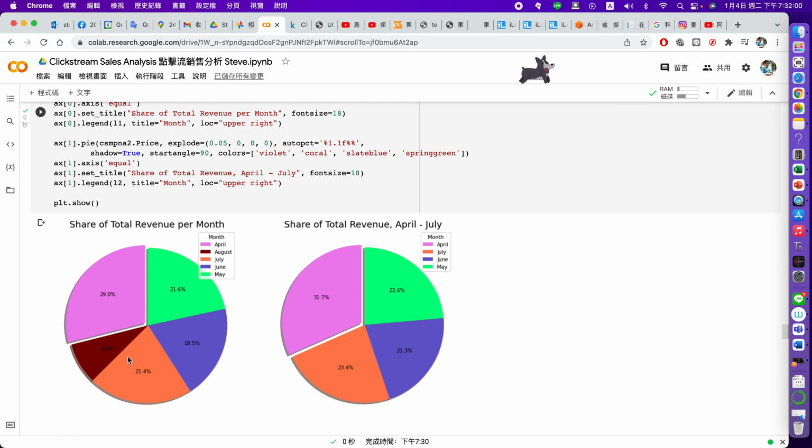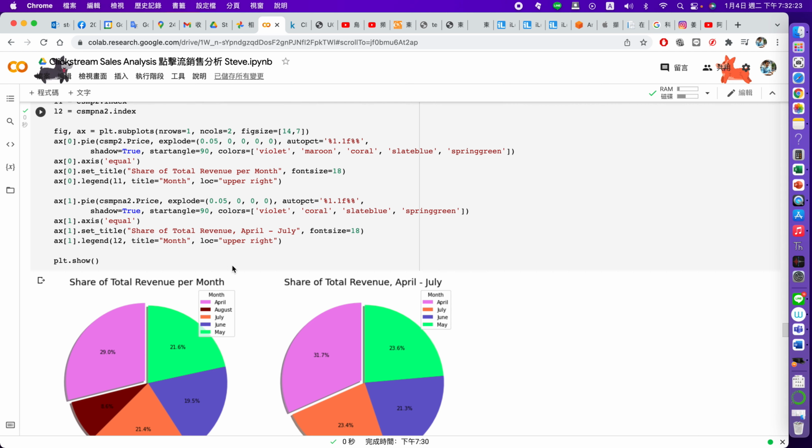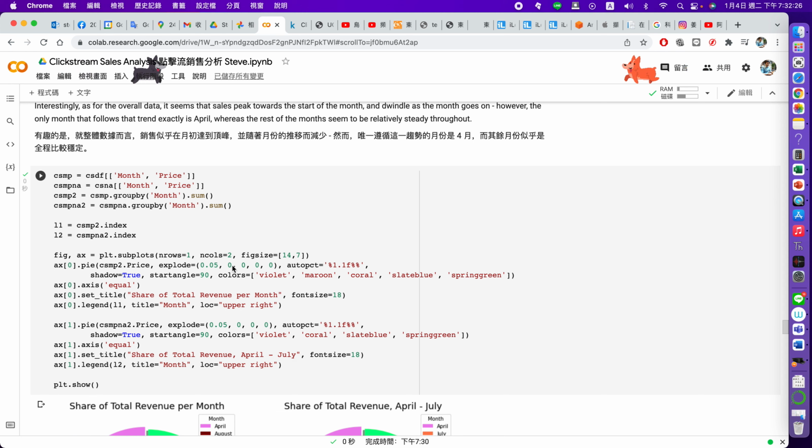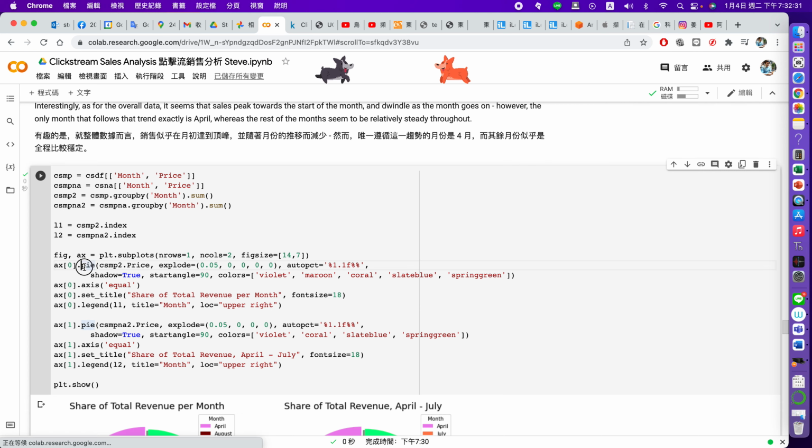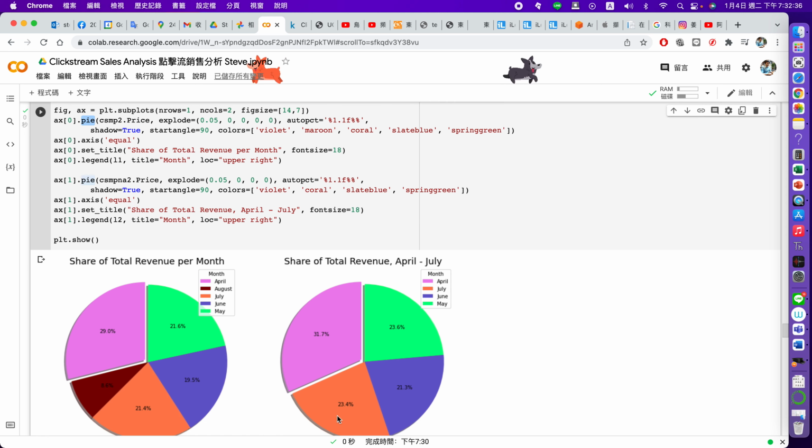Since this data includes August, but it's not a whole month of sales, we didn't take August into account. We just count April to July, 4 months. Here you can see we use the same function as we did before for the pie diagram. What is a pie diagram? It shows the portion for each month.